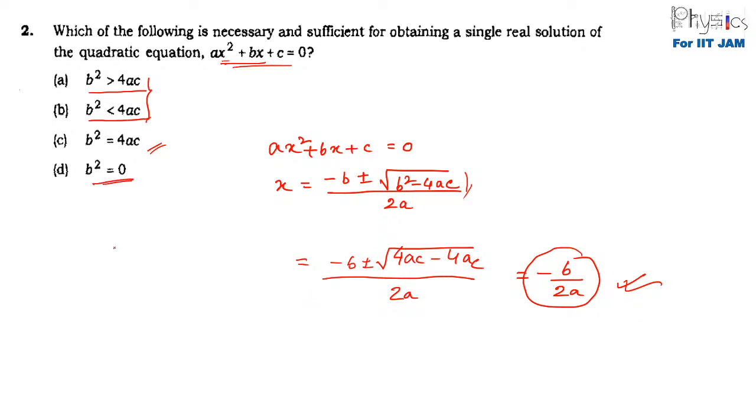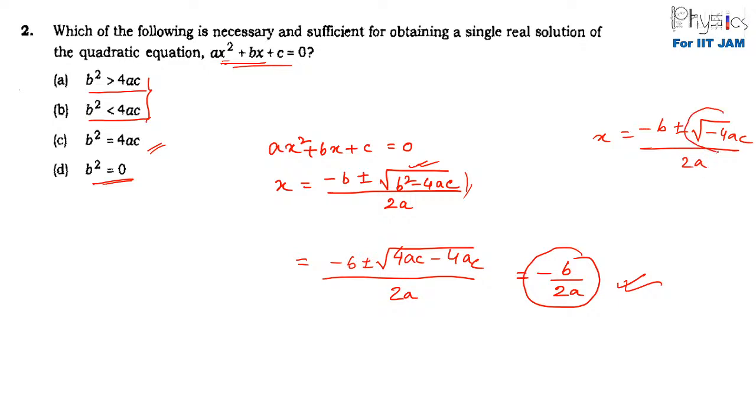If we put b square equals 0, let's see what happens. Okay, if we put b square equals 0 here, we get x equal minus b plus minus root over minus 4ac by twice a, right?